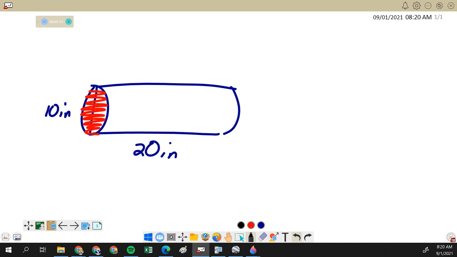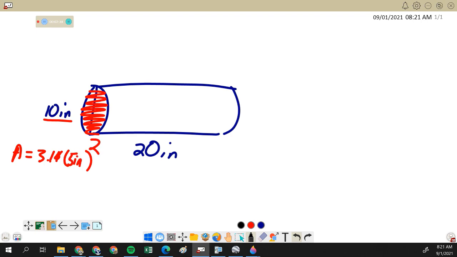What formula uses area? Pi r squared. So the area would be 3.14 times, is that radius? Oh, sorry. I said radius and I drew the diameter. So I meant 5 inches. I'm sorry, guys.